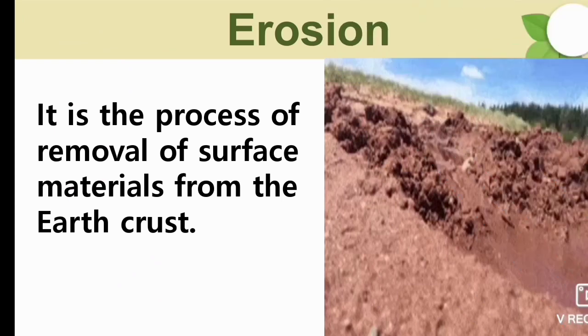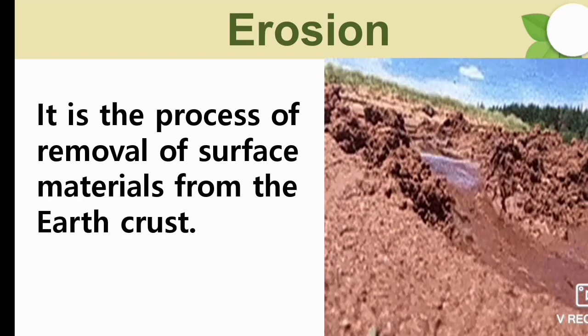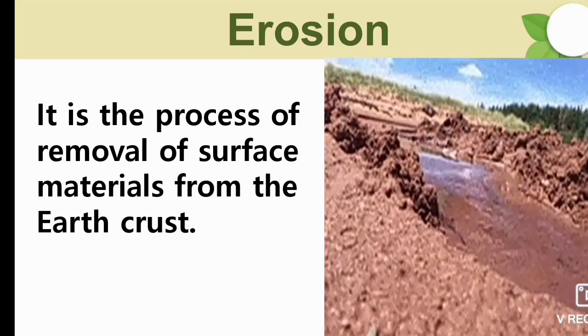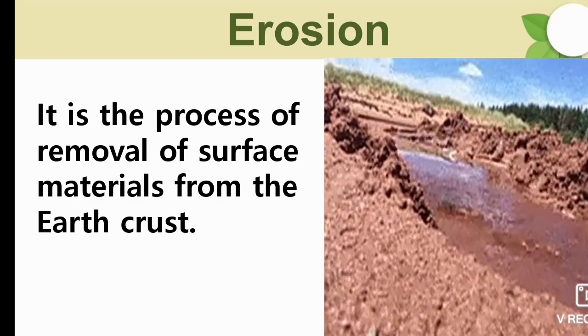Next, an important term mentioned in this lesson is erosion. It is the process of removal of surface materials from the earth crust, which means the removal of the minerals from the earth surface is known as erosion.